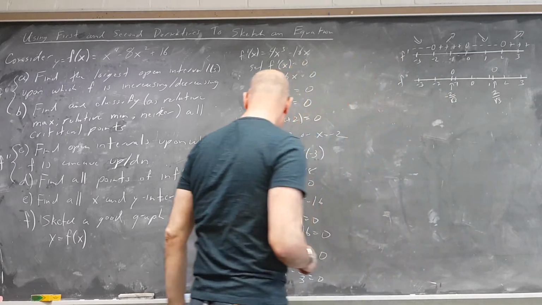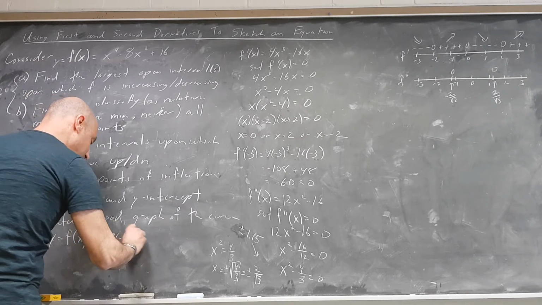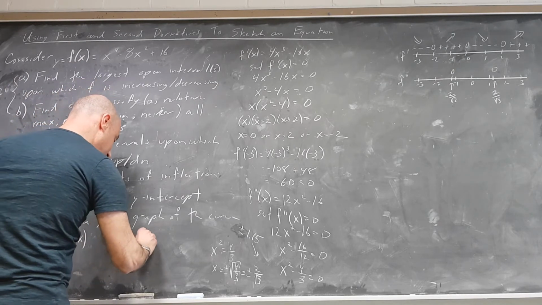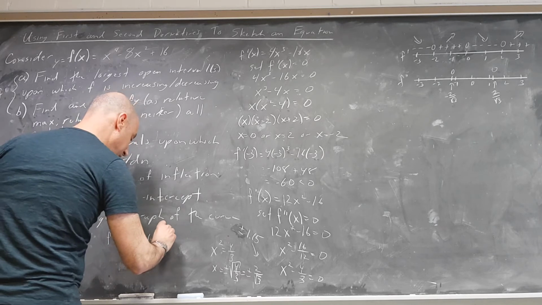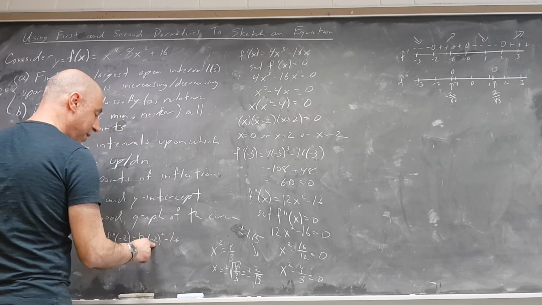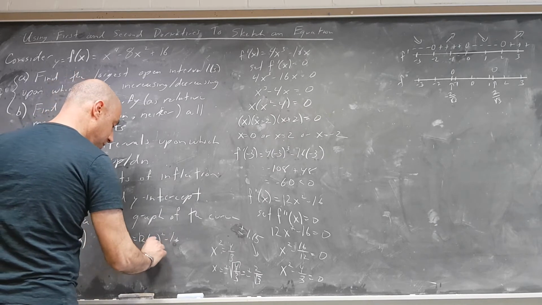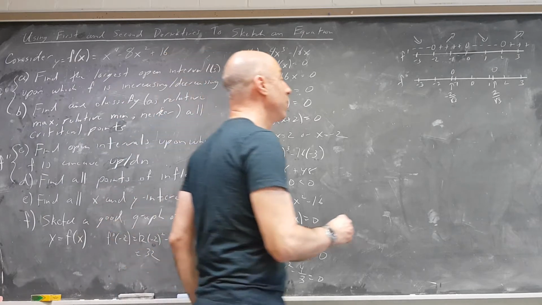How about negative 2? So that is going to be f double prime of negative 2 is 12 times negative 2 squared minus 16. That's 12 times 4, which is 48, minus 16 is 32. That's positive.